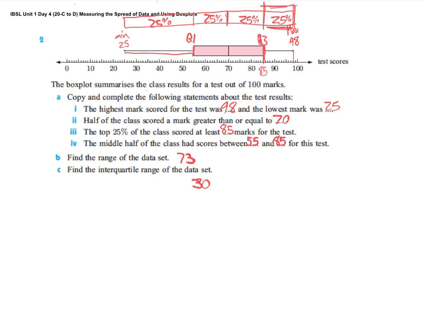Now question, is that person who scored a 25 an outlier? Well, no, because the whisker goes to it, right? Yeah, we can tell because of how it's drawn, but what would our bottom value for an outlier be? It wouldn't be a 25. What's our IQR? 30. So it'd be 45 below Q1.